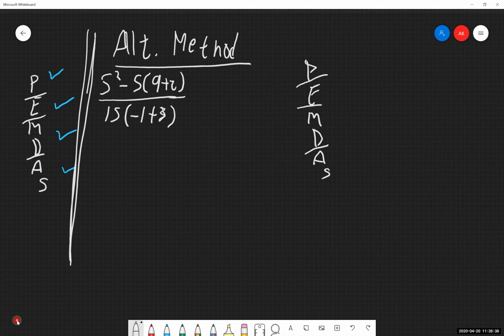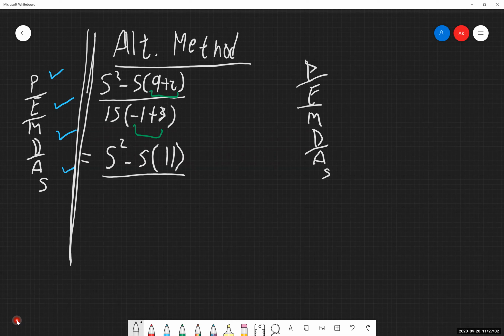So again, I'm looking inside, following PEMDAS, do I have parentheses? And I do, so I'm going to work with just those first. So I'm going to have 5 squared minus 5 times 11.